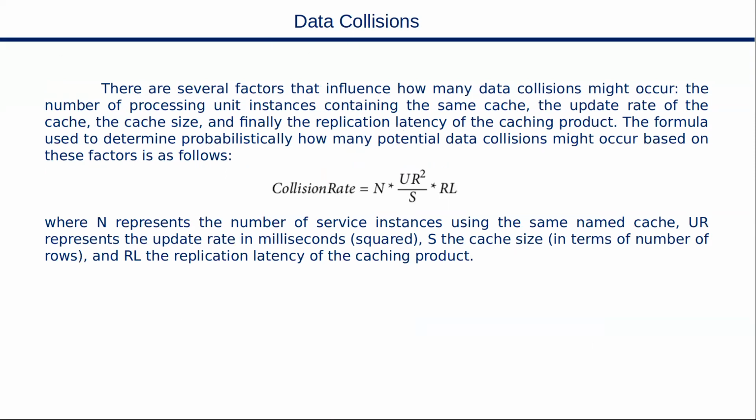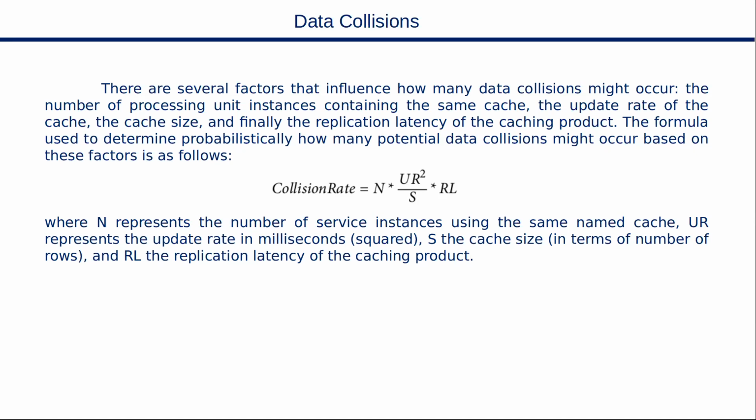Next are data collisions. There are several factors that influence how many data collisions might occur: the number of processing unit instances containing the same cache, the update rate of the cache, the cache size, and finally, the replication latency of the caching product.